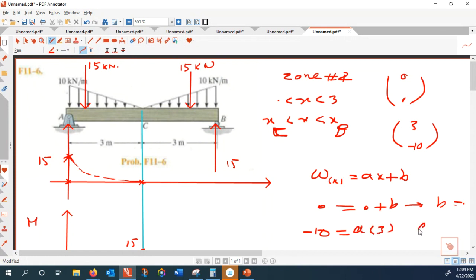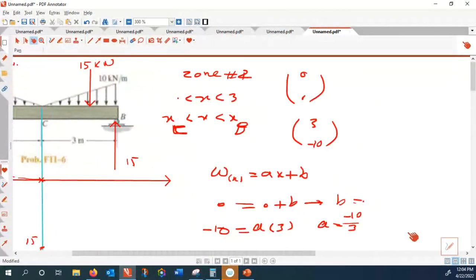So therefore, a is equal to minus 10 over 3. So therefore, your w of x is minus 10 over 3 x. Is that what you got? Okay, good.